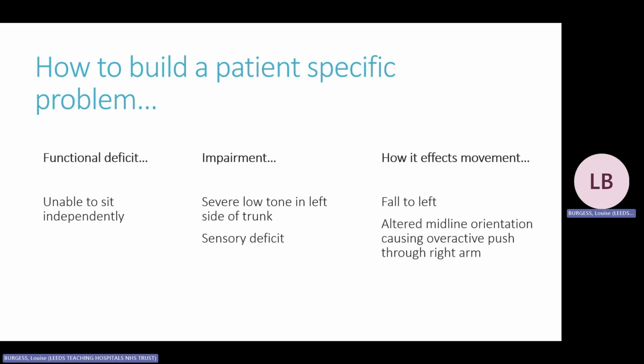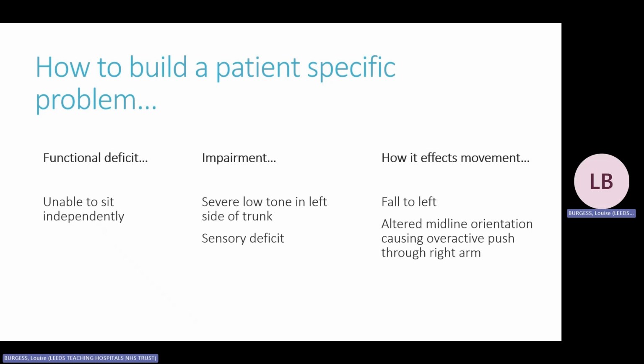So we know by breaking it down that we need to manage and work on the sensory deficit and the tonal changes to help the fall to the left and to help reduce the overactivity. Now, overactivity, a lot of people get confused with that. It's what we classify as being a secondary deficit.